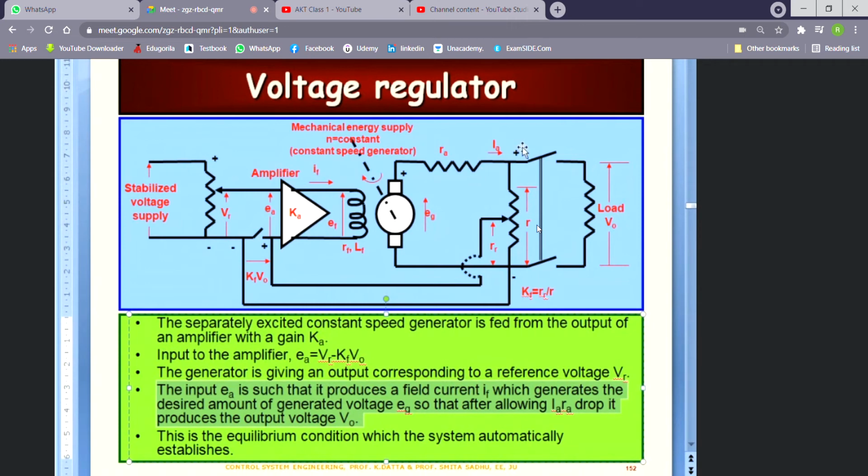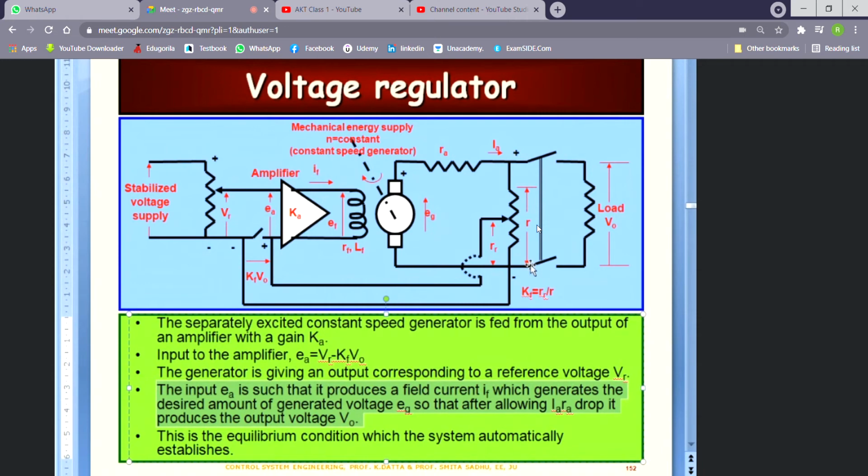So ultimately VO, let us say first of all that this switch is in the off position, meaning that the load is disconnected. So the output voltage over here is supposed to give an output voltage of VO, right? Across this side, because it is disconnected.